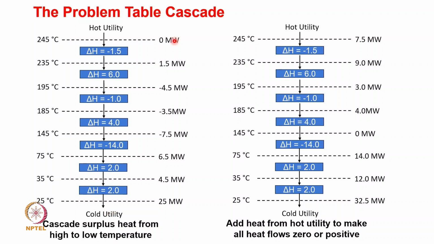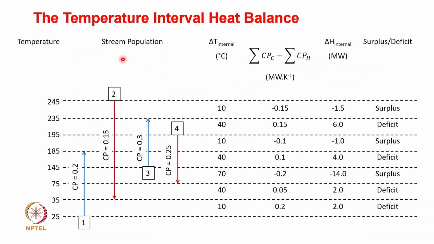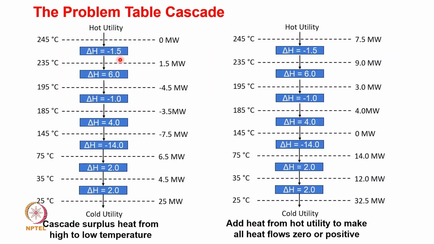Fine. So let's assume that we don't have any hot utility, and whatever delta H we have gotten is what we have reported over here. So this, minus 1.5, plus 6, minus 1, up till 2, is what is being presented over here.